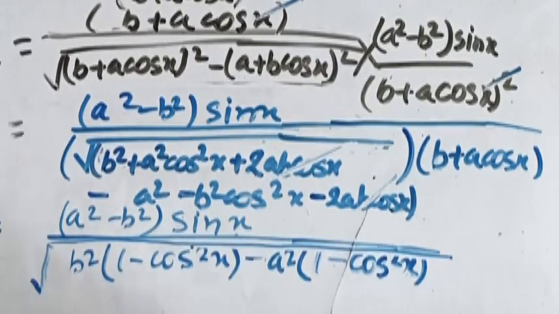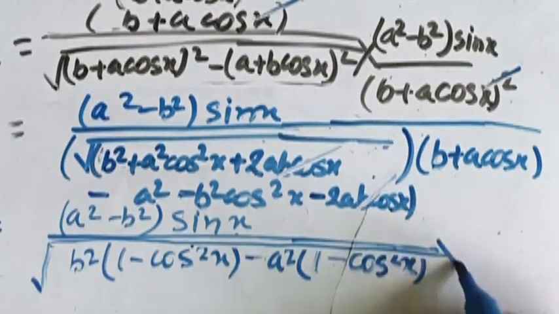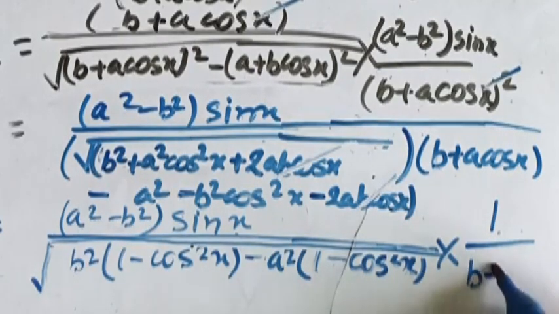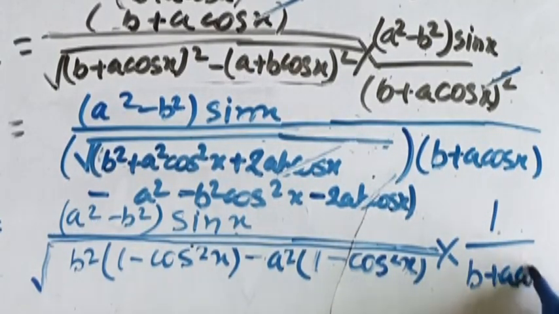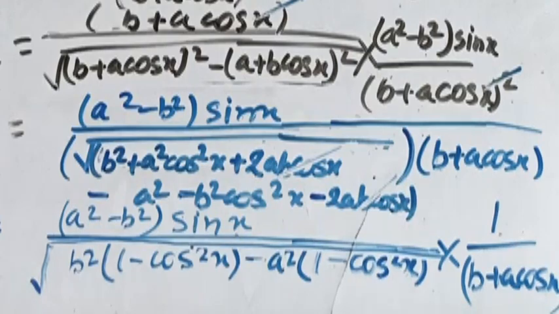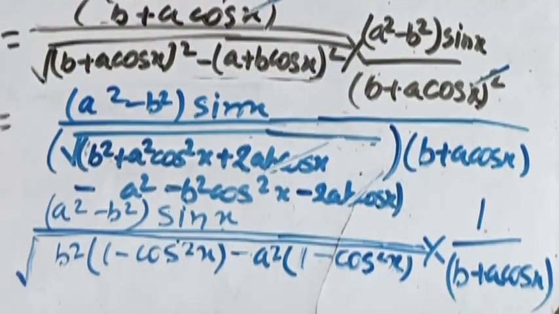It will be under root, and again multiply 1 upon b plus a cos x, correct? Now let's see the next step.